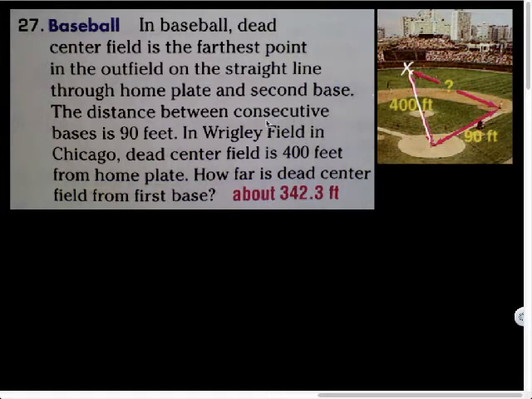Let's see, the distance between consecutive bases is 90 feet. All right, so this distance is 90 feet. This distance would be 90 feet. All of the bases are 90 feet apart from each other. Which actually, question, if this is 90 and this is 90, so those are congruent, what are these angles? They're the same, and what would they be? 45, because this is actually going to be a right angle here.